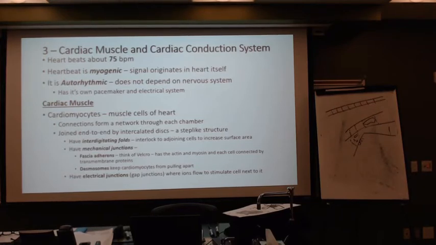How many times did I say the heartbeats per minute? 75. That's about how many seconds per beat? About 0.8. Think about that for a second.